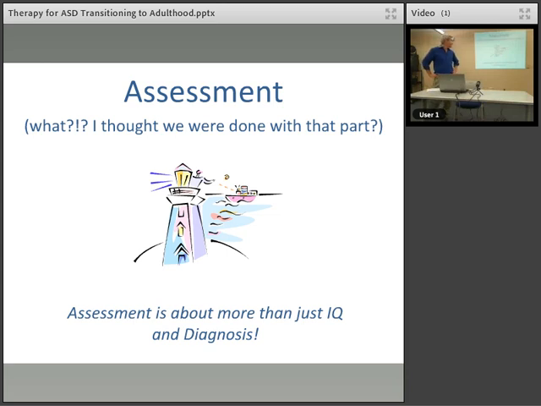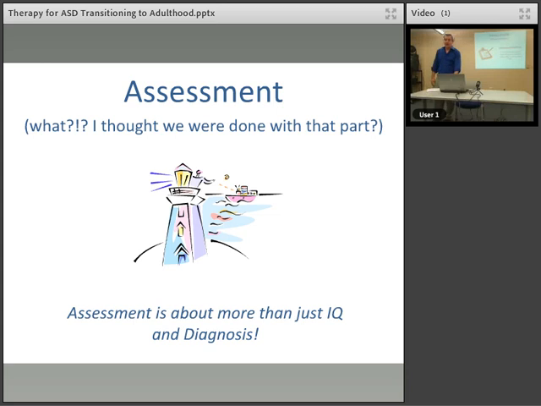And I commented that assessment is really about a lot more than just IQ and diagnosis, as Dr. Acosta discussed. Really, as a treating psychologist, it's invaluable to have a quality assessment done. It really tells us a lot about the strengths and weaknesses and specific needs that somebody has coming in that maybe we wouldn't see at other times when you're just coming in without an assessment.